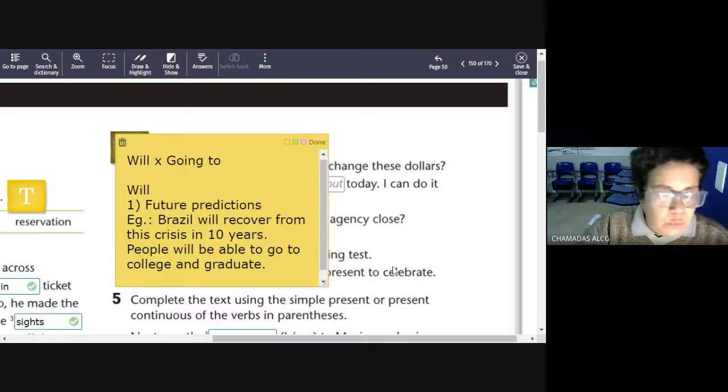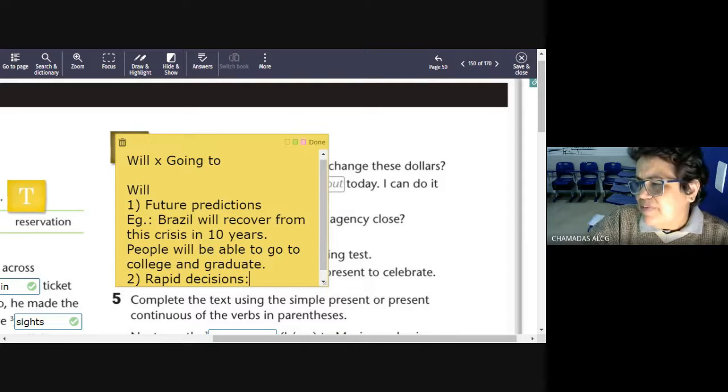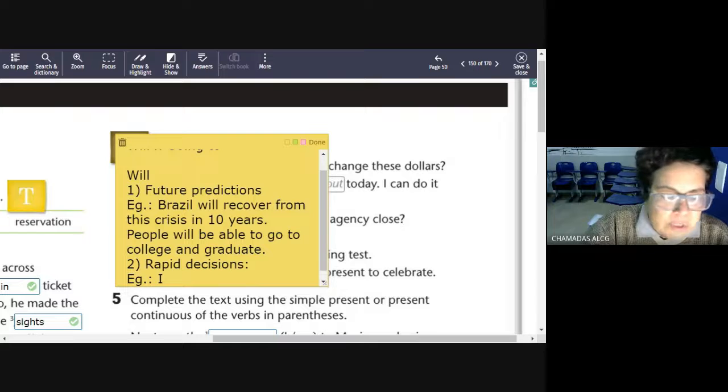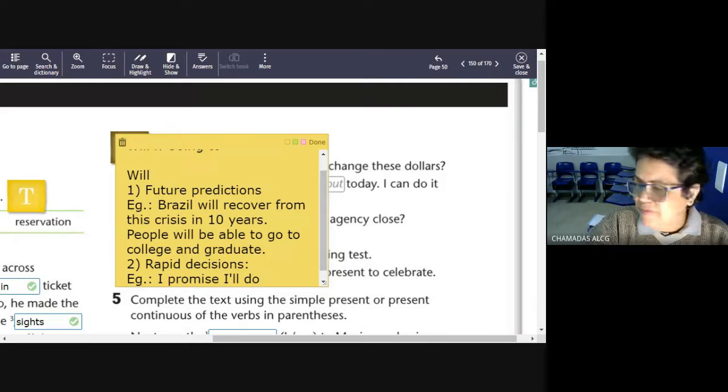Another situation we use will, decisions that we make at the moment of speaking or rapid decisions, okay? Rapid decisions. So let's see some example. We can say, I promise I'll do my homework.